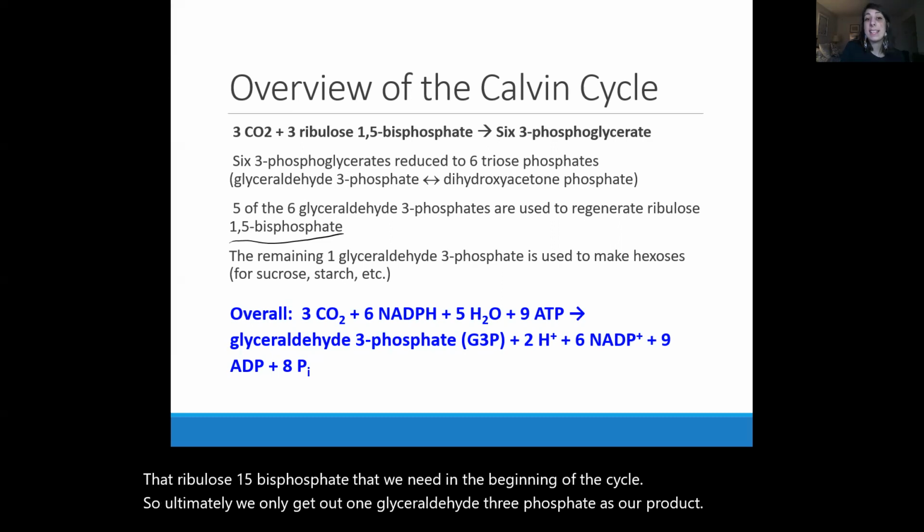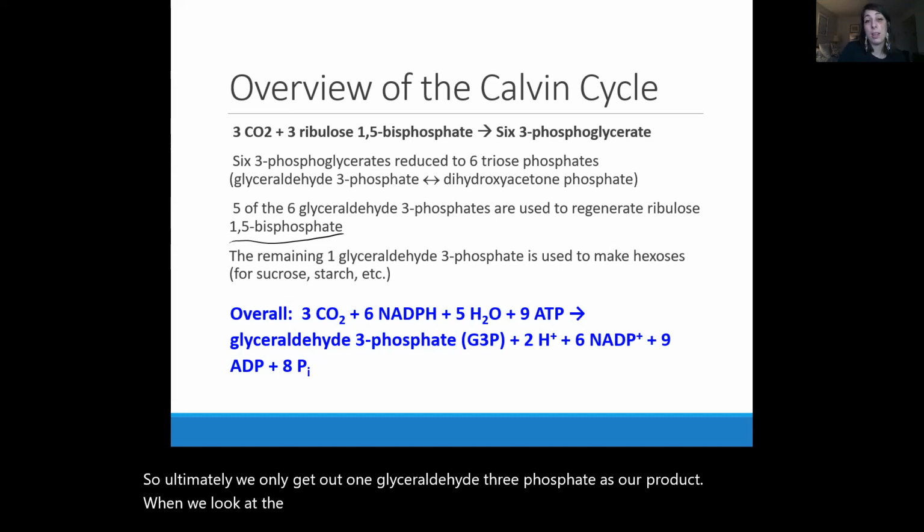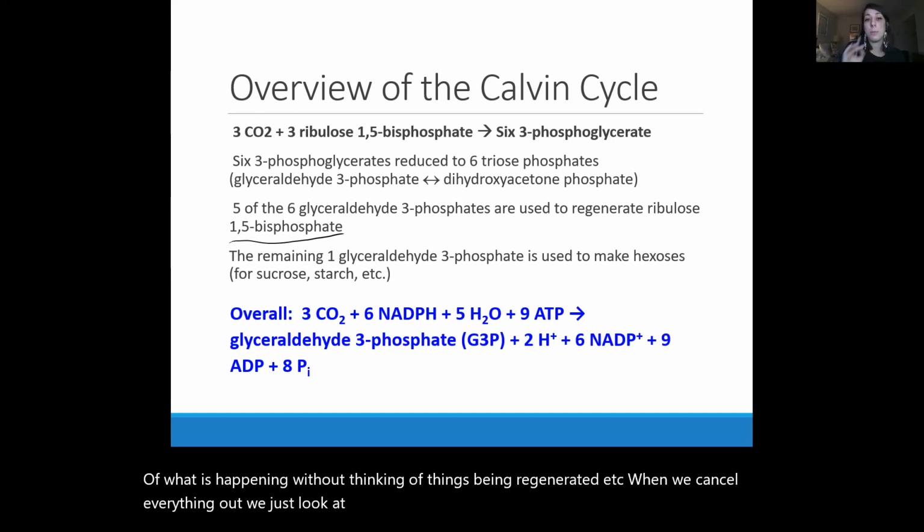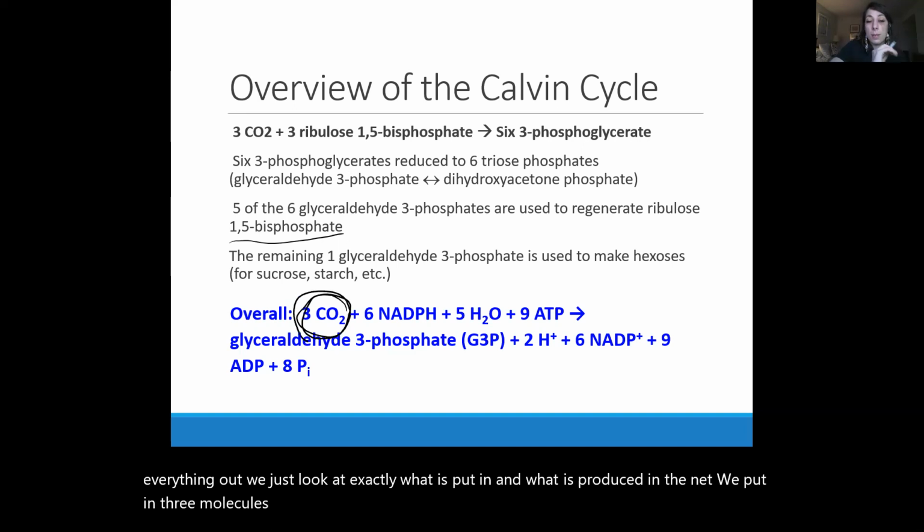When we look at the net reaction of what is happening without thinking of things being regenerated, when we cancel everything out, we just look at exactly what is put in and what is produced in the net. We put in 3 molecules of CO2, 3 carbons. We have to use 6 NADPHs.